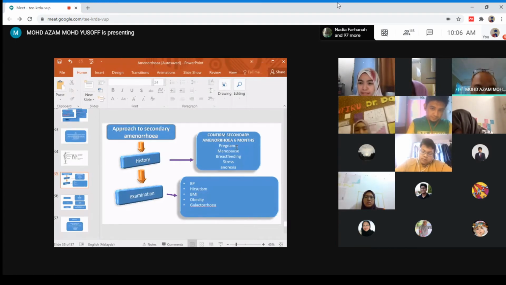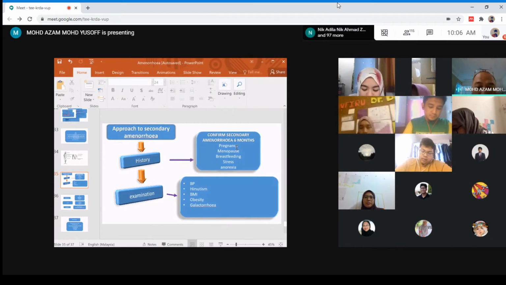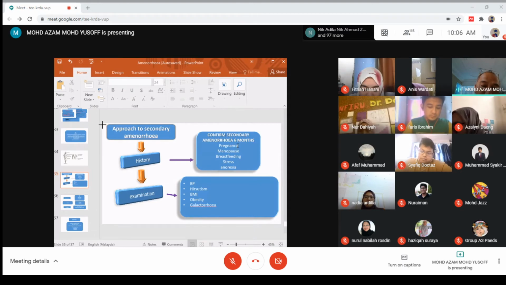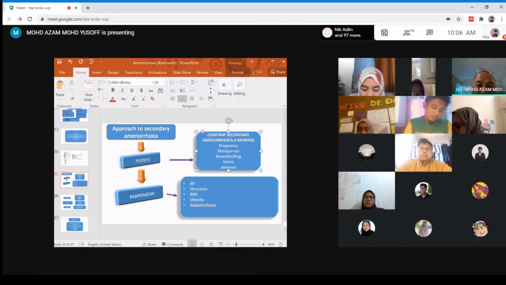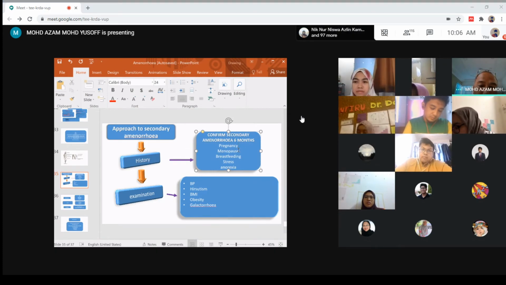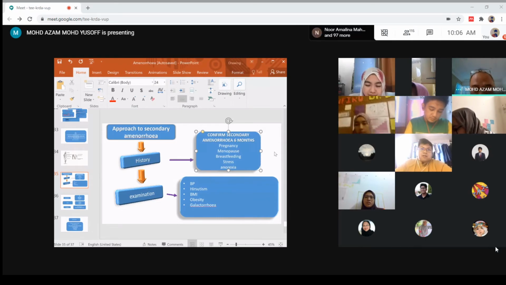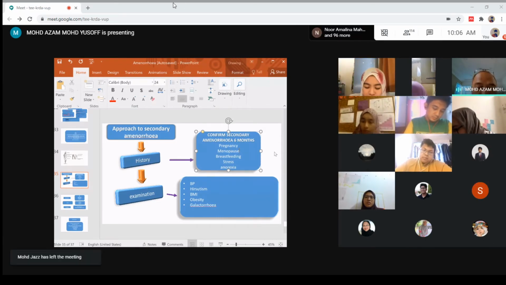Nausea, vomiting, breast tenderness, and any sign of early pregnancy. Similarly for menopause, you have to ask about symptoms: hot flushes, insomnia, mood swing, and all these symptoms of menopause.